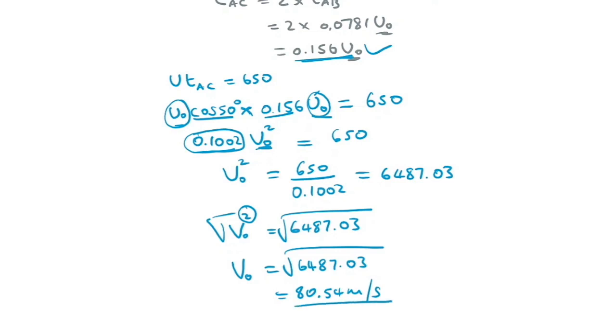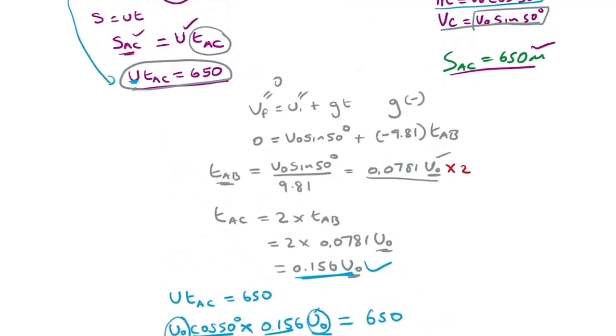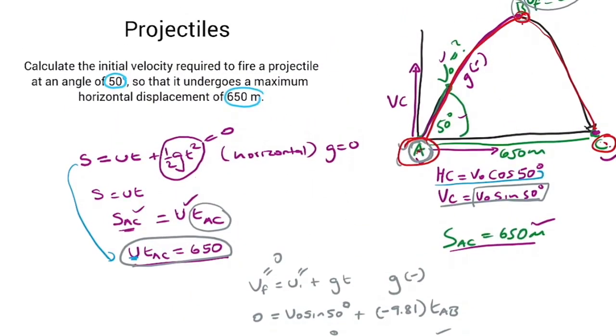That's the initial velocity that this problem is looking for. So we found the velocity we were looking for: 80.54 meters per second.